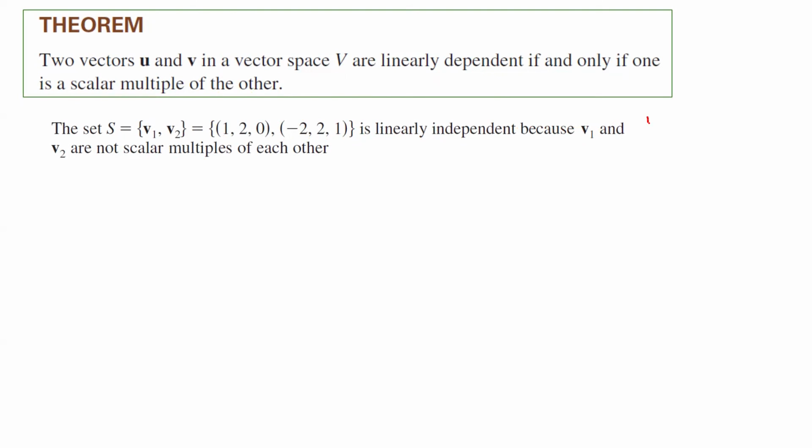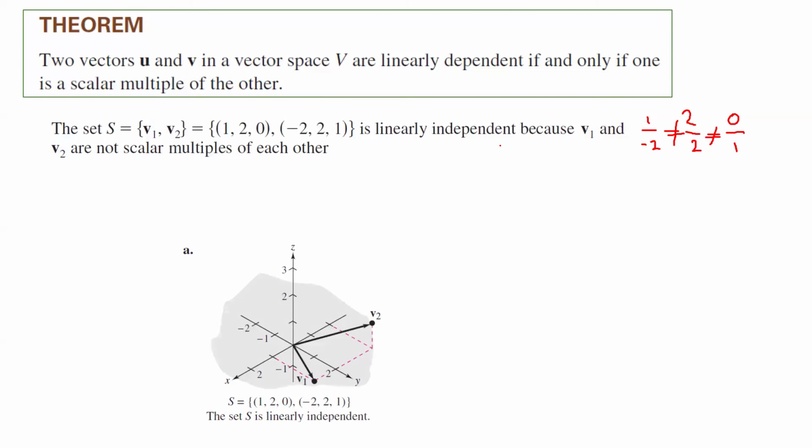You can say that 1 divided by -2 is not equal to 2 divided by 2. I'm just dividing x components, y components, and z components. 0 divided by 1. So there is no way these fractions are equal to each other. Since these fractions are not equal, they are not linearly dependent. So they are independent from each other. These two vectors are not in the same direction.